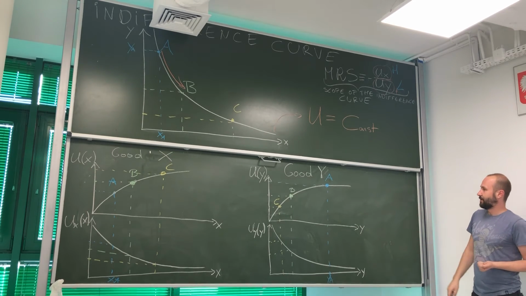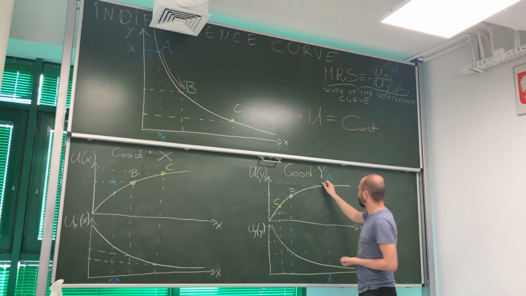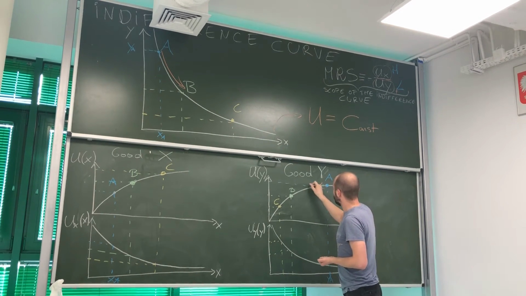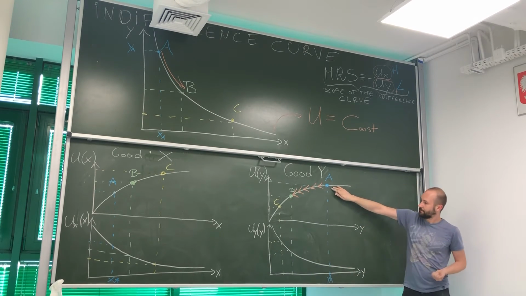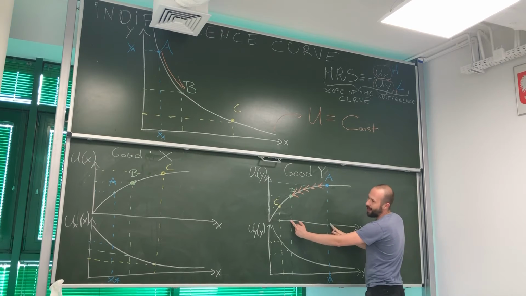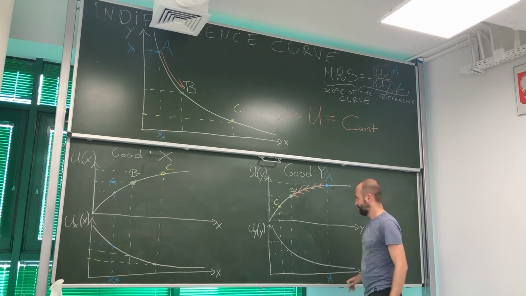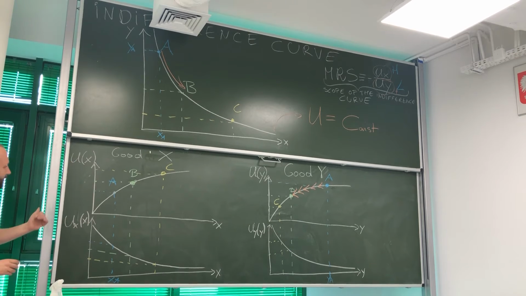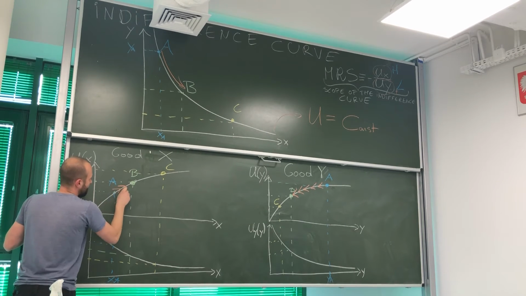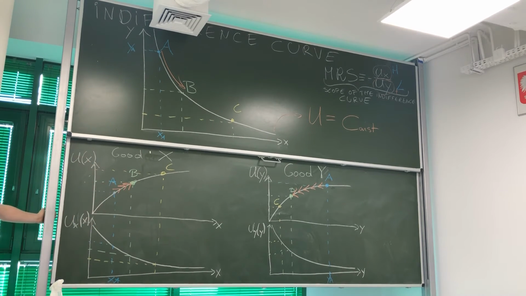The customer will be willing at the beginning to give out a lot of good Y for relatively little more of good X, right?